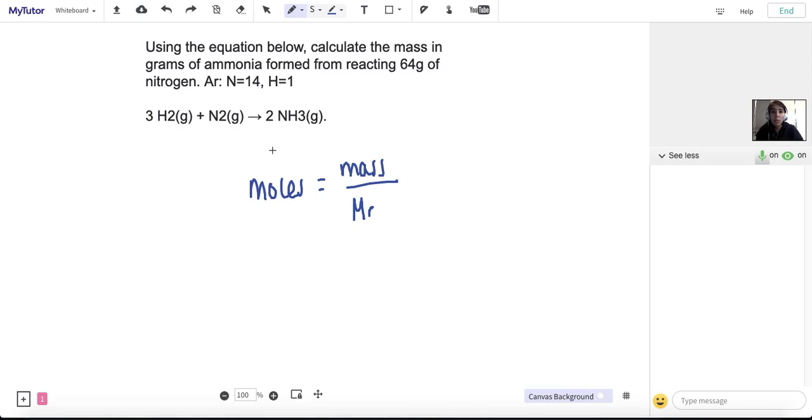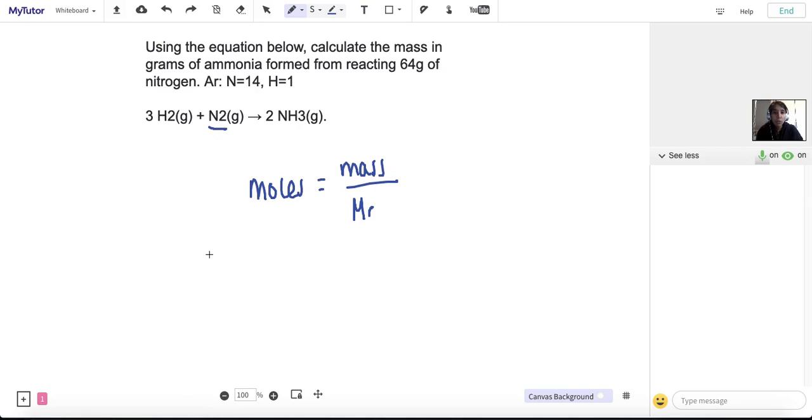So if we have a look here, we've been told that we're reacting 64 grams of nitrogen. And we know the relative atomic mass of nitrogen as 14. So we can work out the number of moles of nitrogen. But in this formula we have N2, and remember nitrogen goes around as a pair, so that means the molecular mass of nitrogen is 28.